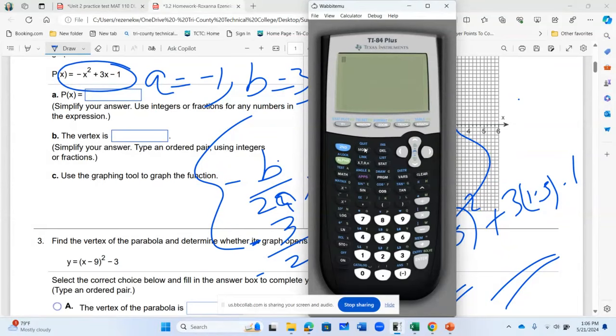I'm going to tell my calculator to give me the value of substituting 1.5 in that function. So I'll do vars, function y1. In other words, I just told my calculator to bring down that function in y1 and substitute 1.5 for me in that function.